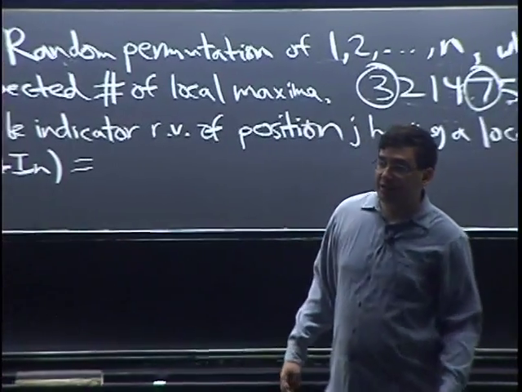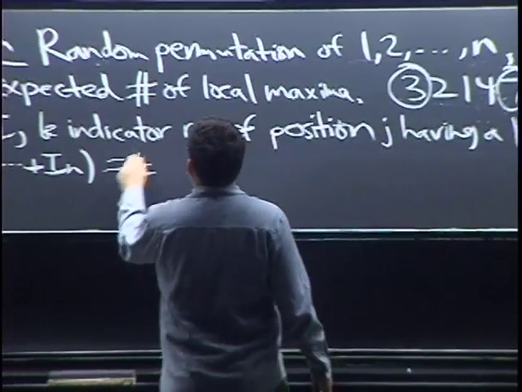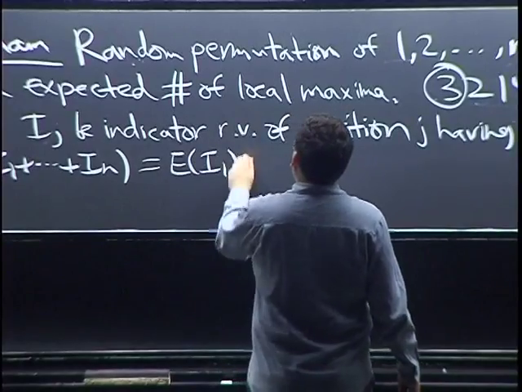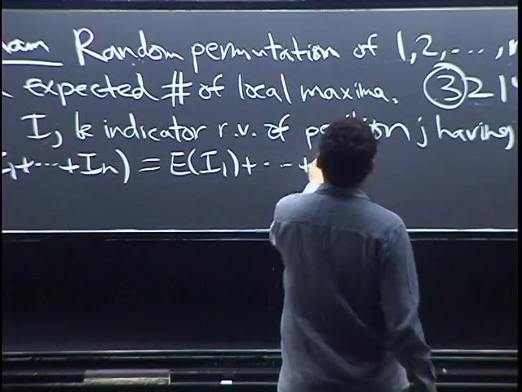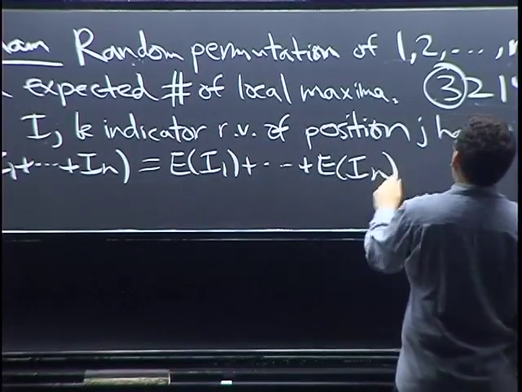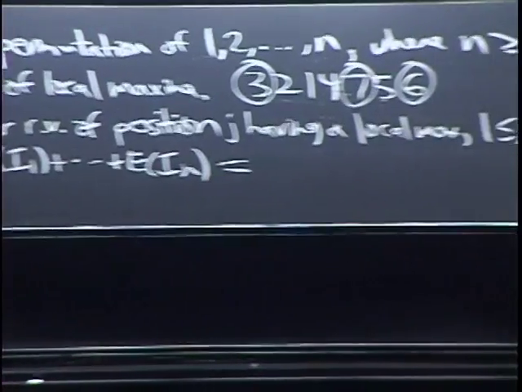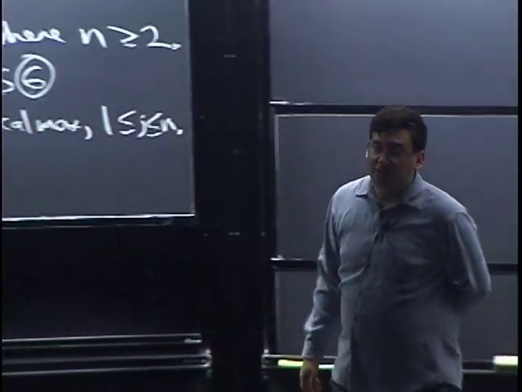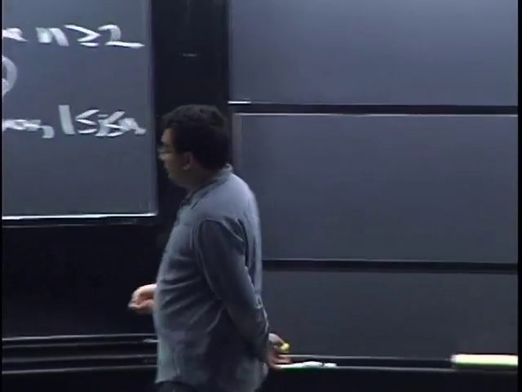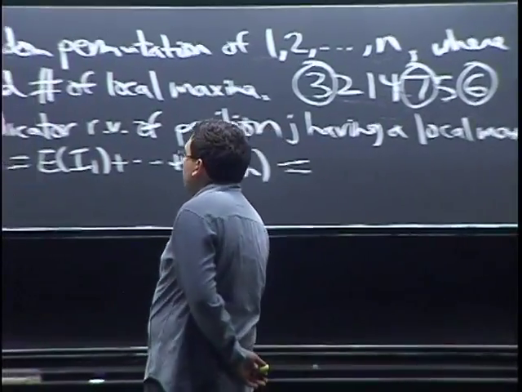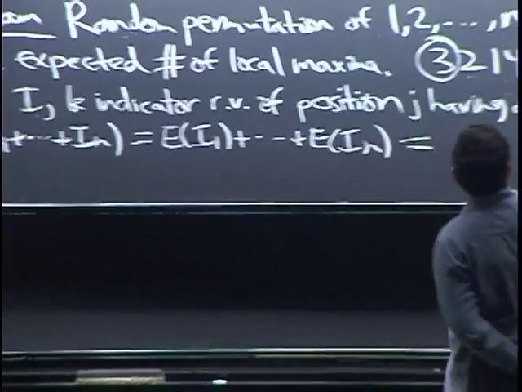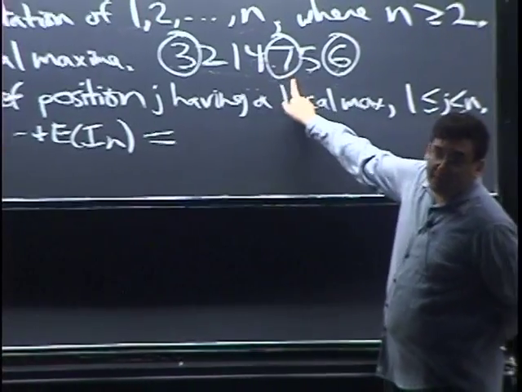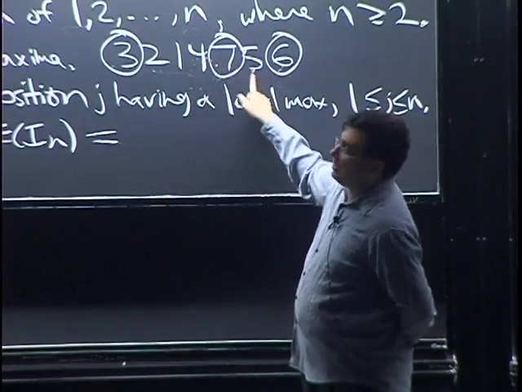By linearity, that's just E of I_1 plus E of I_2 plus and so on plus E of I_n. The main thing we have to be careful about here is to split into two different cases, because we have these endpoints and these non-endpoints. So we do have symmetry in the sense that, what was the probability that this number here, which happened to be a 7, was bigger than both its neighbors?